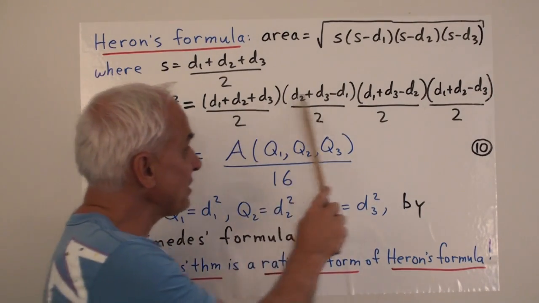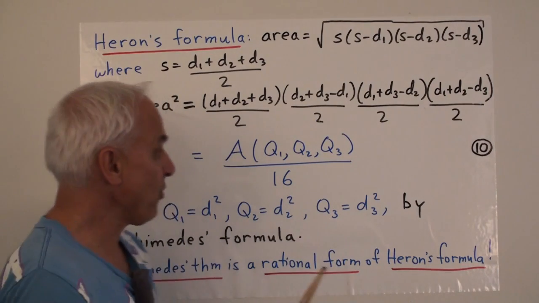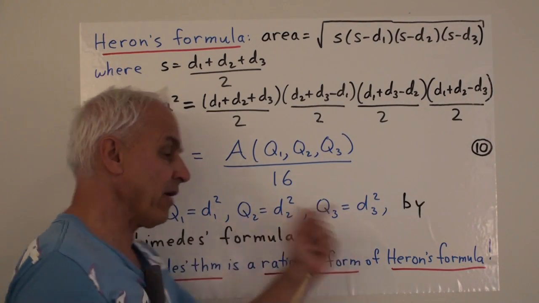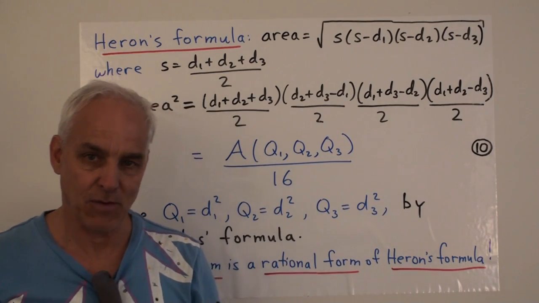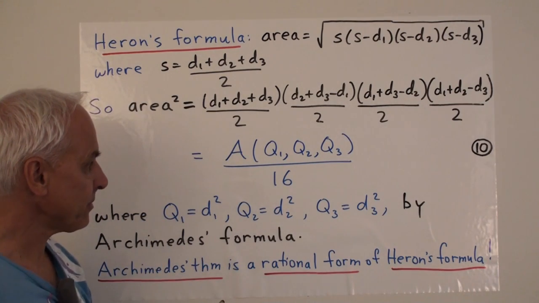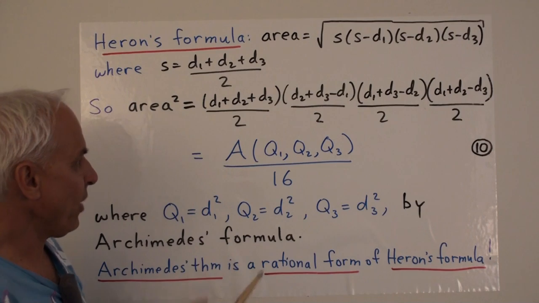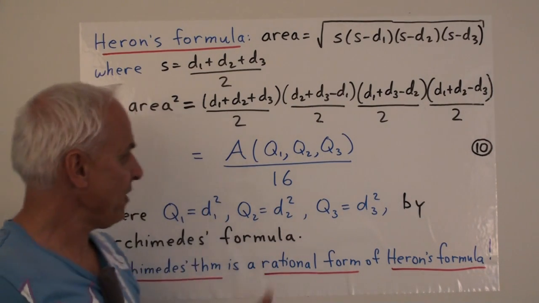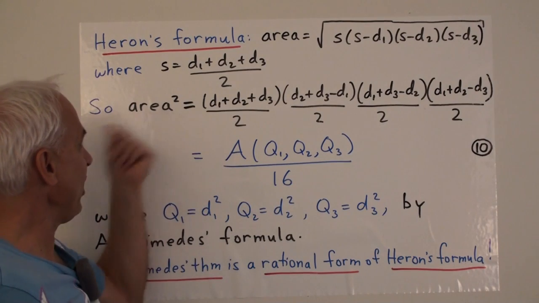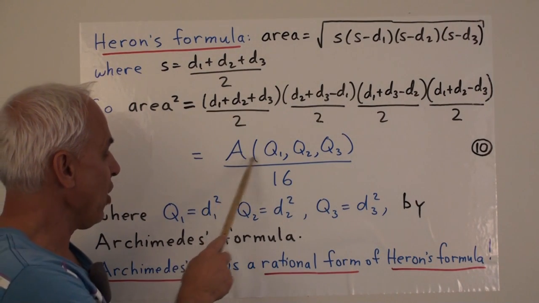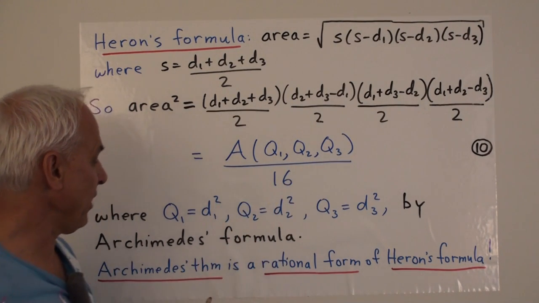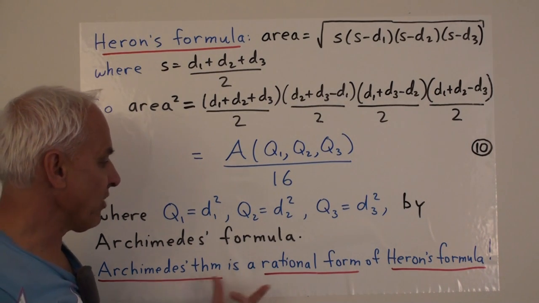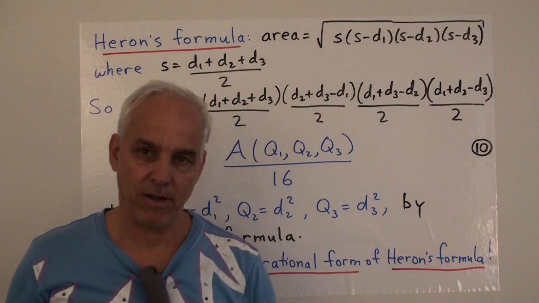The fact that this particular product equals this Archimedes function of the squares of d1, d2, d3. So it's almost an immediate consequence of Archimedes' formula, the fact that 16 times the area squared is A of Q1, Q2, and Q3. So we see that Archimedes' theorem is a rational form of Heron's formula.